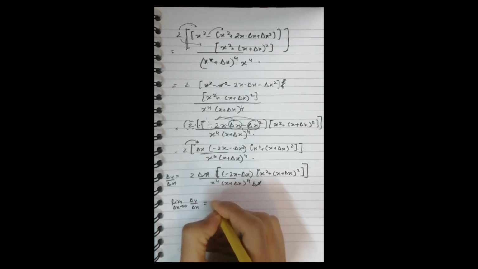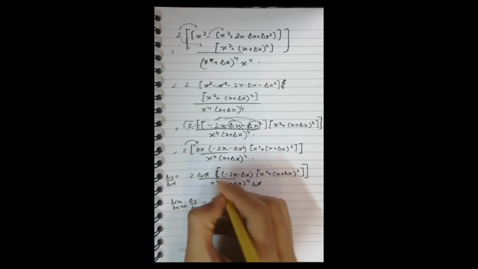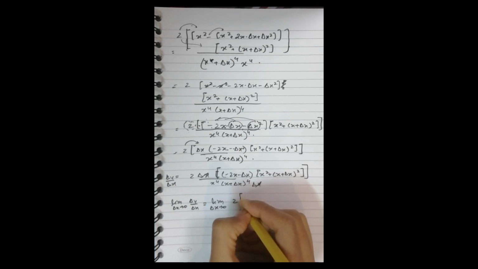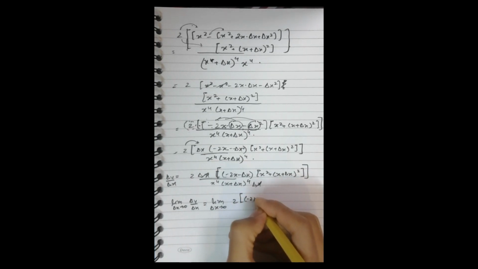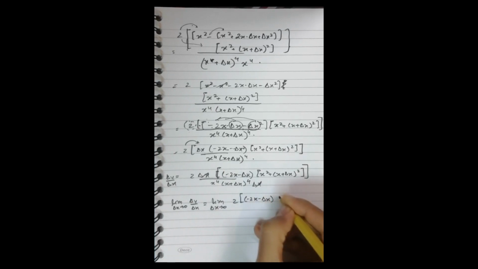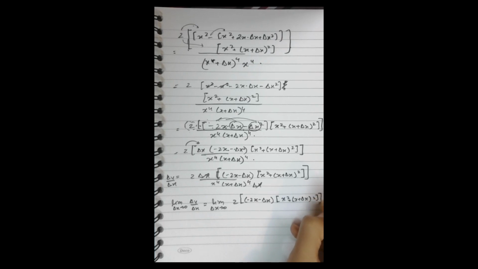So this gives us limit of delta x approaches 0, 2, and these are our terms. Okay, so this is the large bracket, the, you can say, parent bracket, minus 2x minus delta x. Okay, now this is the child square bracket, x square plus again a curly bracket and square, and the child curly bracket closes and the parent curly bracket closes.